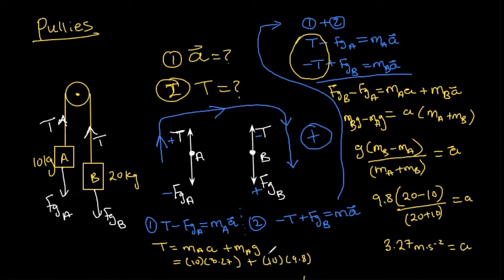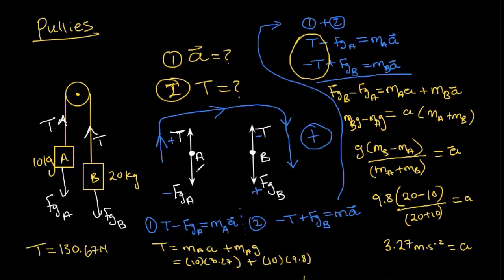And then you should get something like 130. So it means that your tension is basically 130.67 newtons.